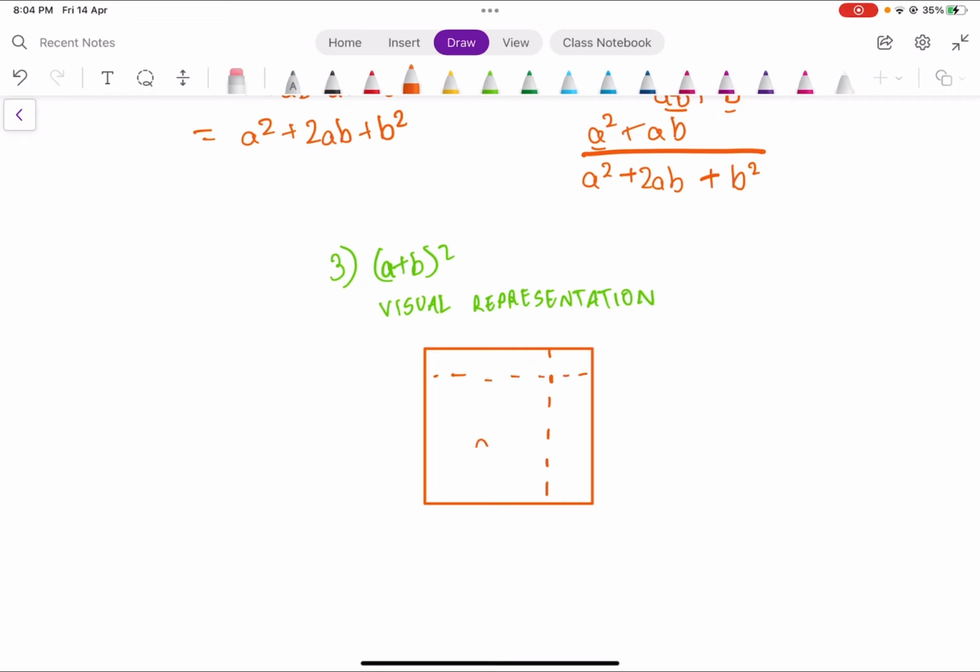So over here, this is a squared, this is b squared, this is a times b, and then this is ab.